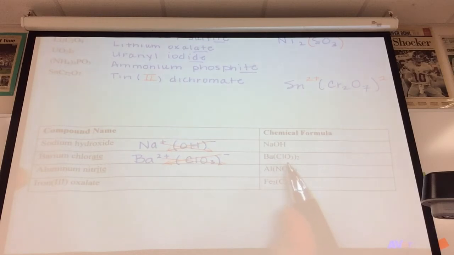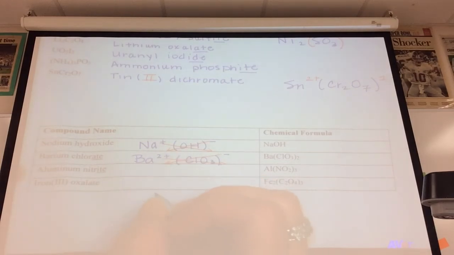I kept the parentheses here because the number after the parentheses was not 1. I have 2 chlorate ions. I need 2 of these to balance out the 2 plus charge for electroneutrality.